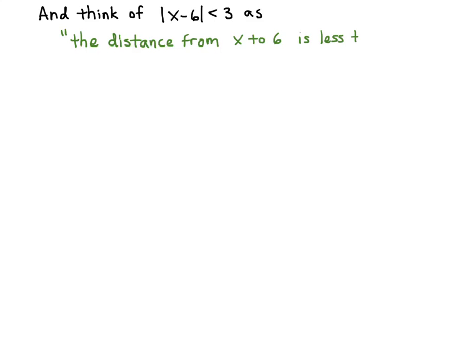So now let's look at the other one, where we have a less than. Here we have the distance from x to 6 is less than 3 now. What I'm saying is that an equivalent thing would be the distance from me, right or left, is less than a certain value.